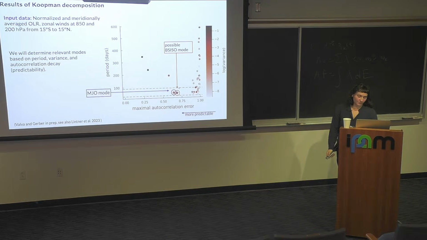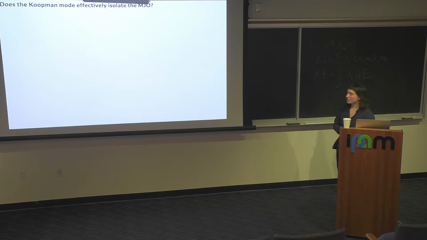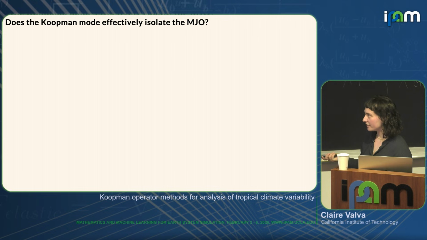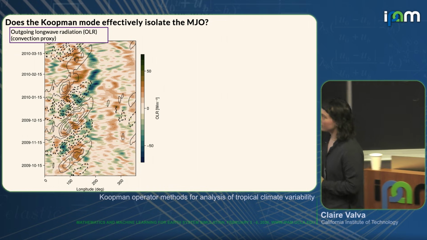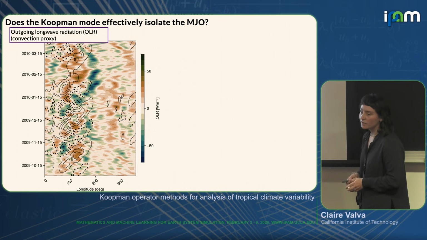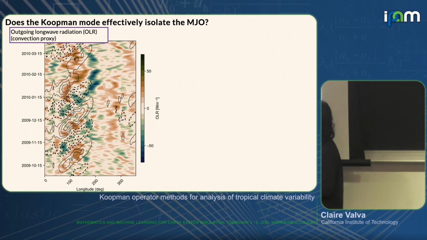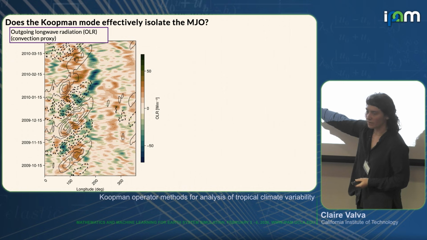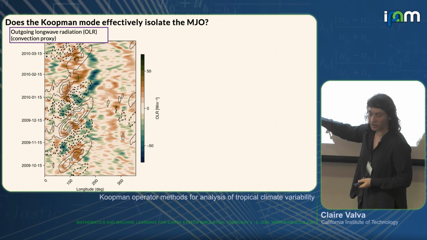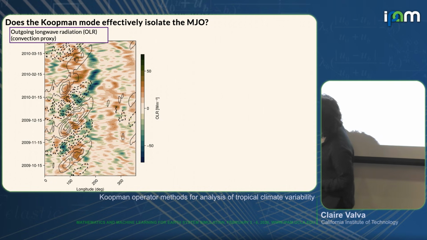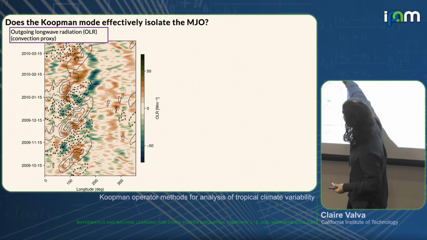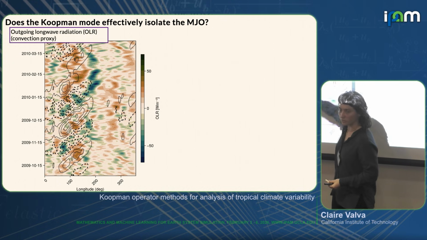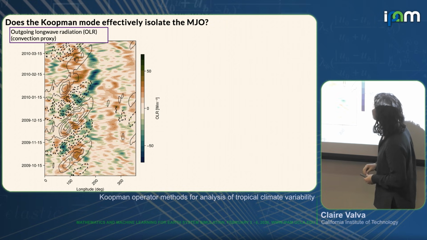But yes. So the question is, does this Koopman mode that we isolated effectively isolate the MJO? And I think we're doing a fairly good job. This is the same variable field as before, same time span, but I have added these contours in black to indicate the MJO mode. You can see that it definitely has power in some other places. Actually, this appears to be the back of this mode, where it starts over here and propagates on.